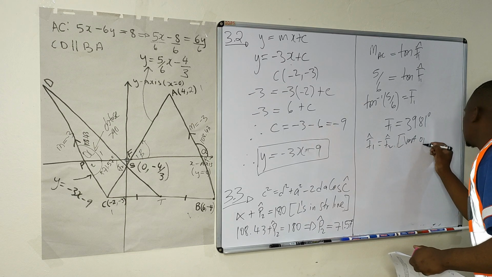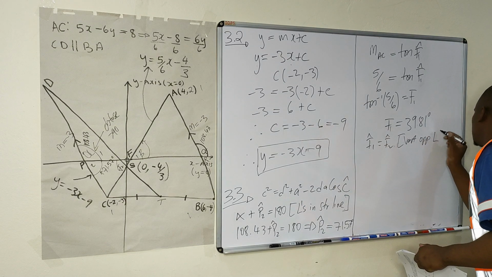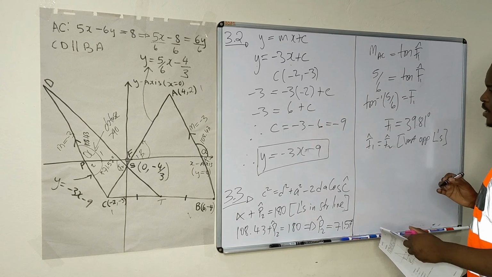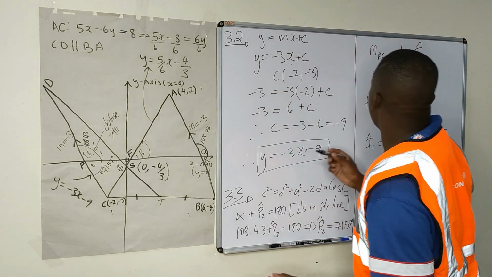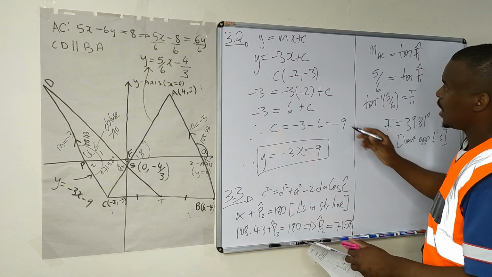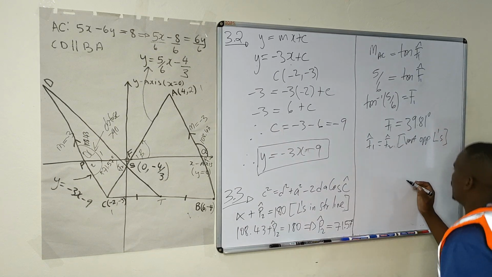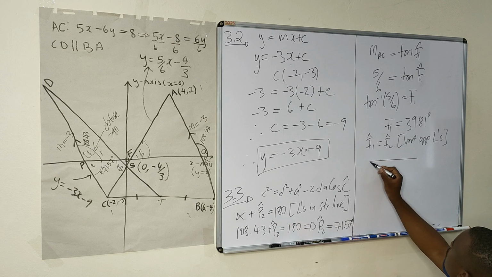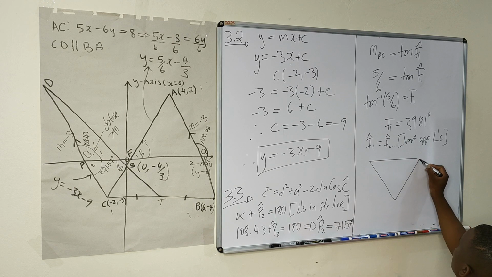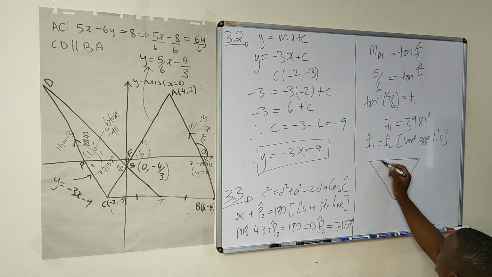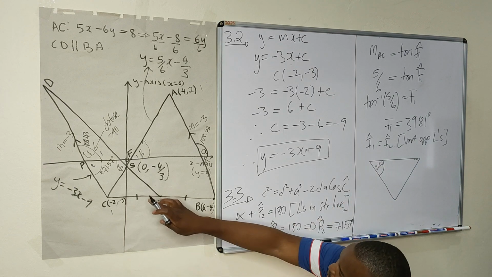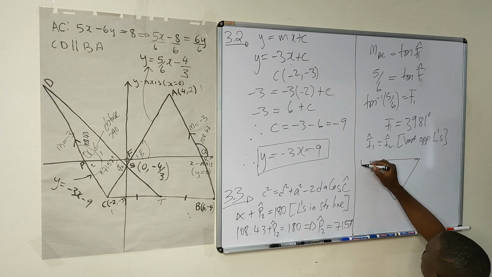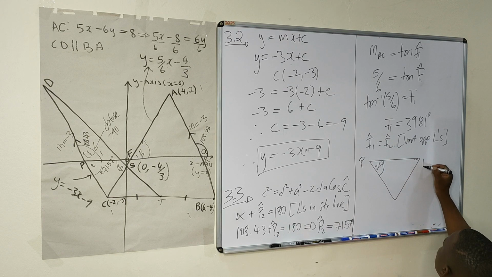These are vertically opposite angles. Now I have a triangle that looks like this. I'm going to clean this part. So I have 71.57, which is that part P2, and this is F.